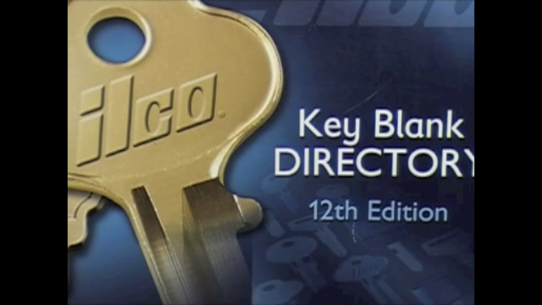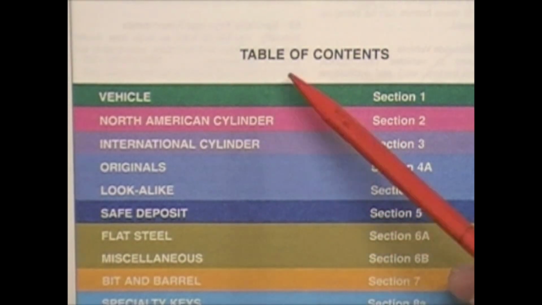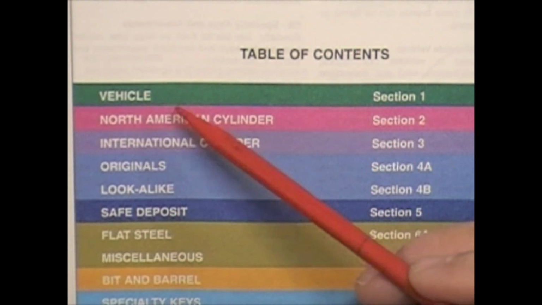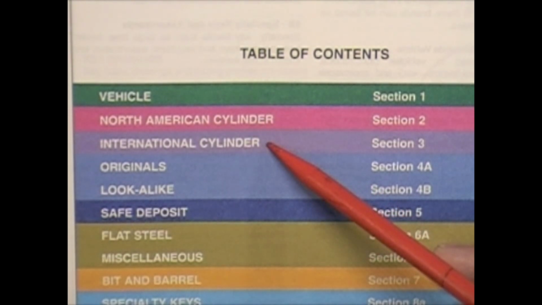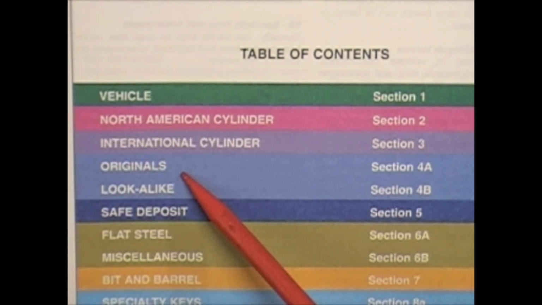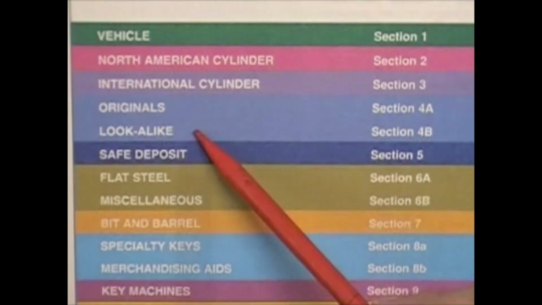Now, I want to show you a few more things that we can find in the ILCO key blank directory. A quick look at the table of contents will show us how the book is organized. Section 1 is vehicle keys, Section 2 is North American key cylinders, Section 3 is international cylinders. Section 4A has to do with original keys and then look-alike keys.